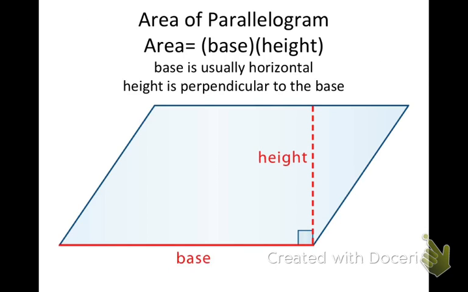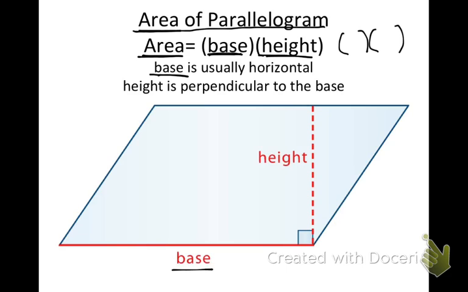So like I said earlier, the whole purpose of this chapter is to calculate the area. So we're going to get the area of a parallelogram. And area is base multiplied times height. So remember when I use these parentheses, that's my way of showing multiplication. And the base is usually on the horizontal.